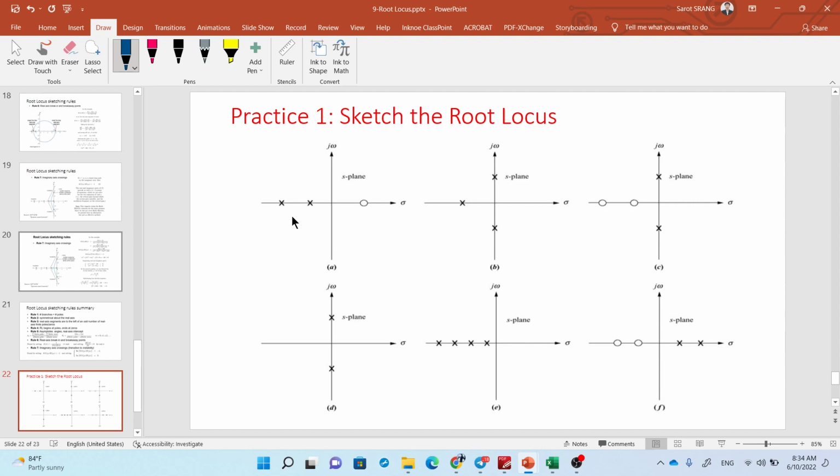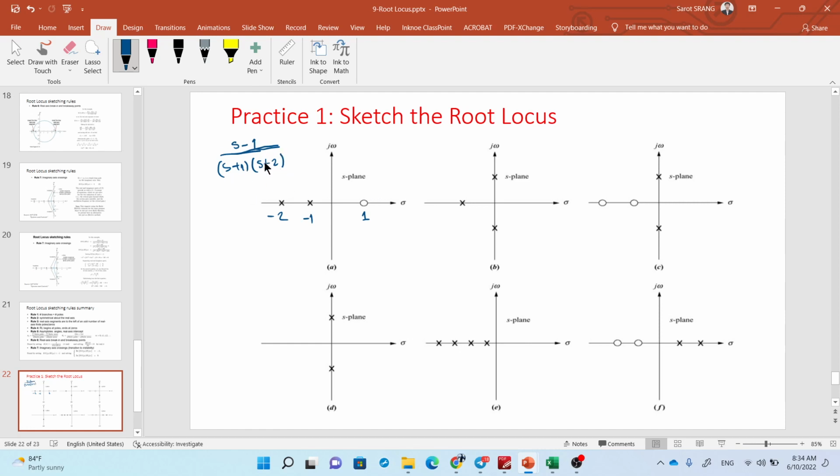Don't forget that poles and zeros are from the open loop. Let's label here -1, here -2, and here 1. Then the open loop transfer function looks like this: (s - 1) over (s + 1)(s + 2).